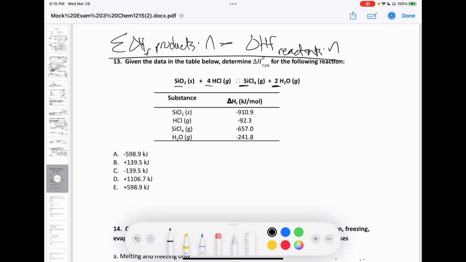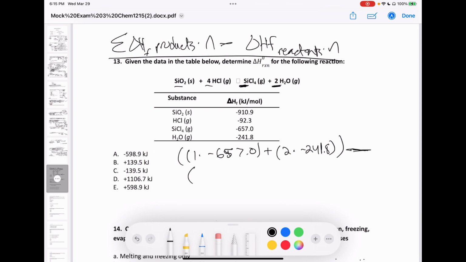So then we have 1 mole of silicon tetrachloride and 2 moles of water. So we have 1 times negative 657.0 plus 2 times negative 241.8 minus, for the reactants now, there's 1 mole of silicon dioxide and 4 moles of hydrochloric acid.